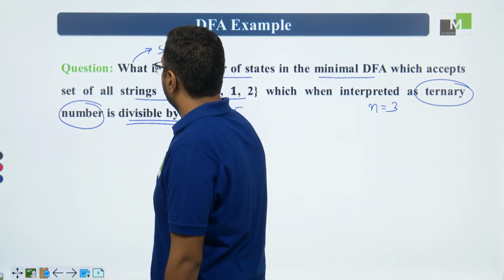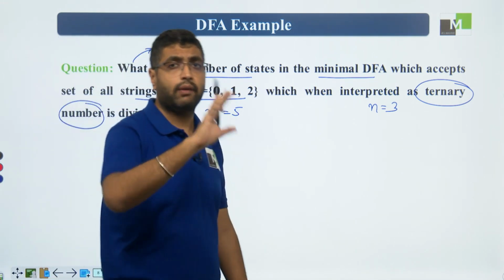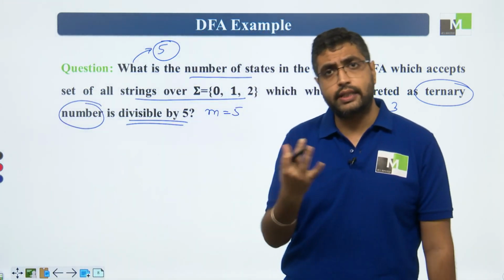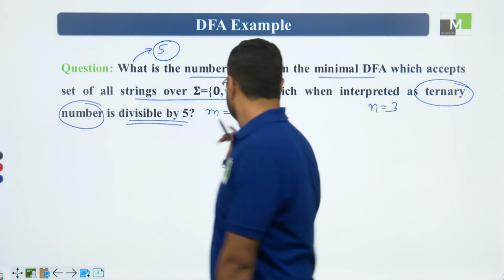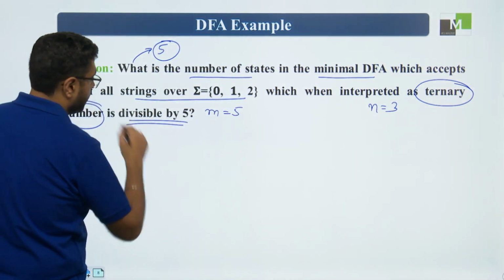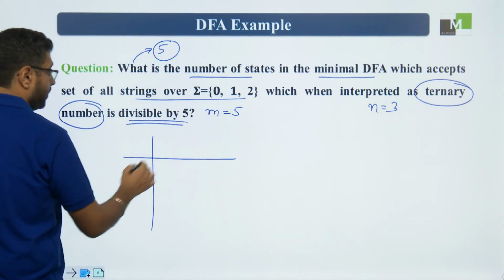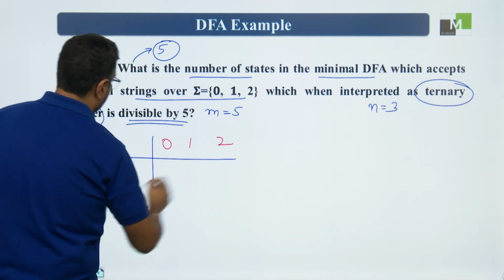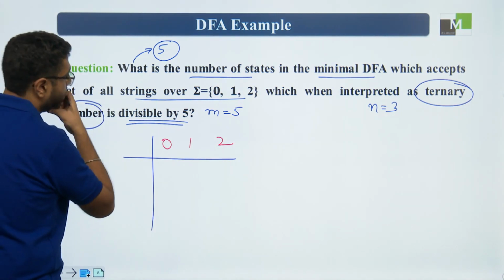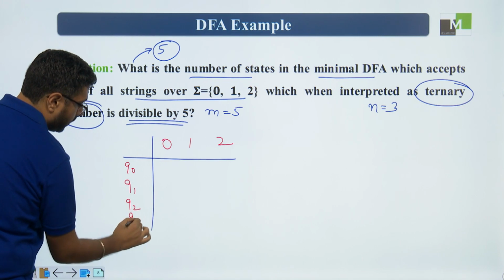The answer is 5. But if I want to see the transition table, if I want to see the DFA, your zigzag approach will work here. Since your n is 3, the number system is the ternary number system, your sigma will be 0, 1 and 2. Your remainders will be Q0, Q1, Q2, Q3, Q4.